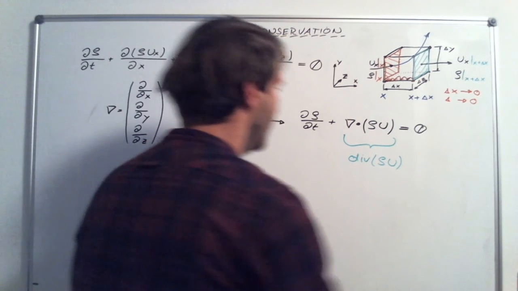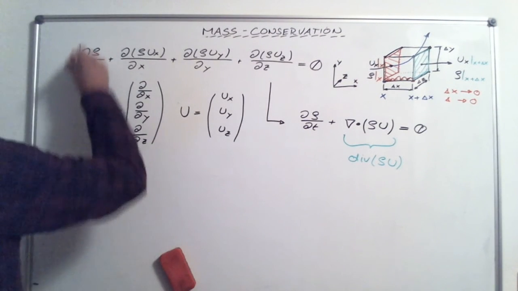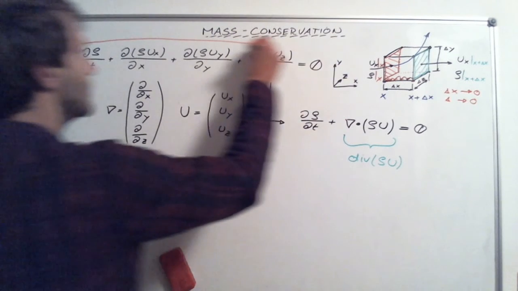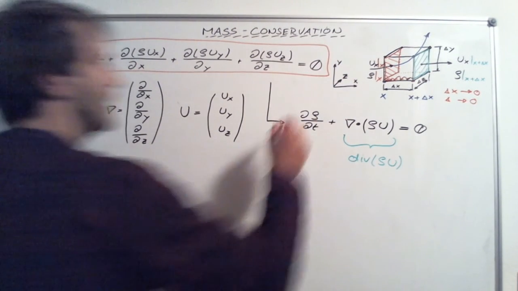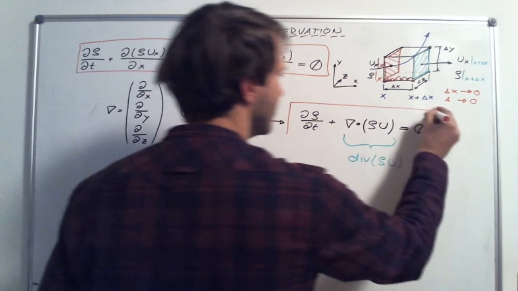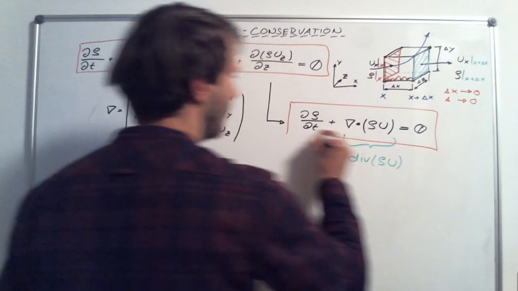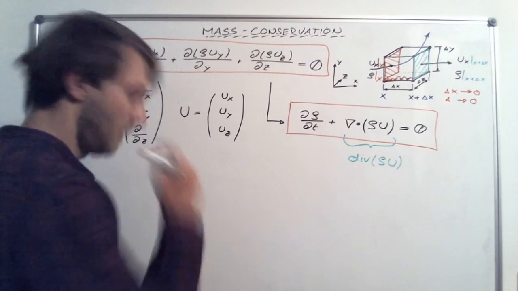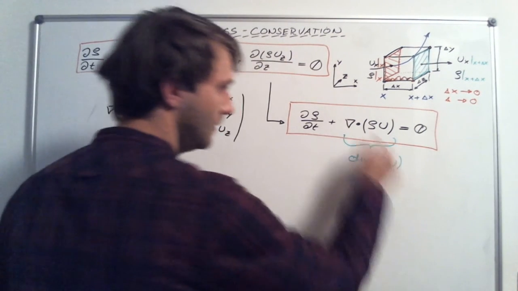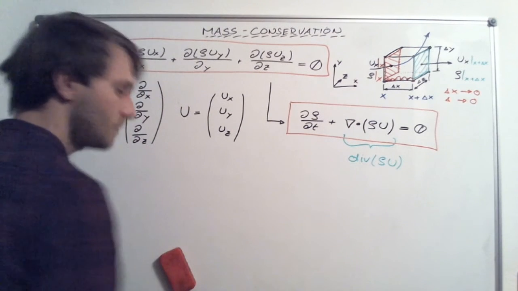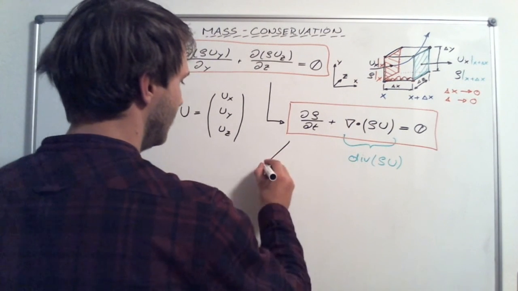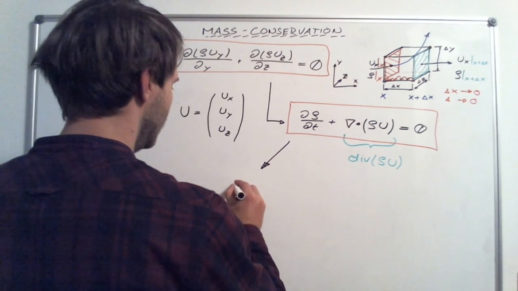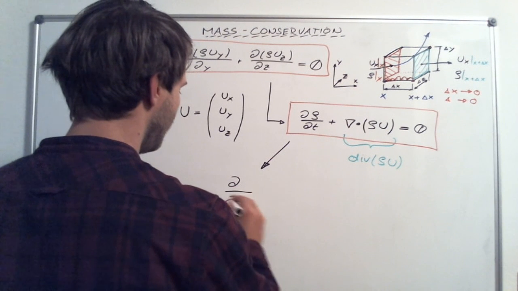And yeah, here we go. This is the mass conservation equation in Cartesian coordinates. This is the mass conservation equation in vector form. We also use this in OpenFOAM, and we also can rewrite this in integral form.